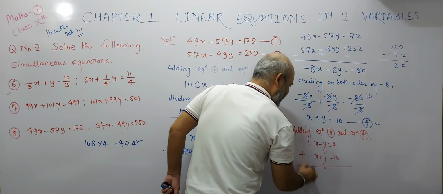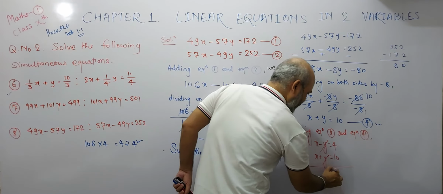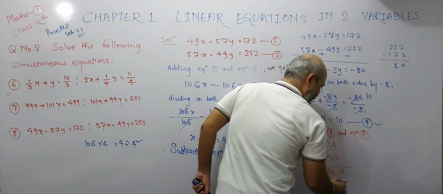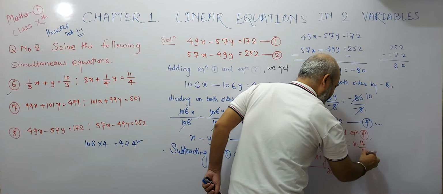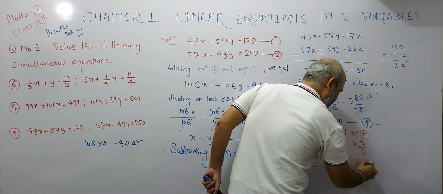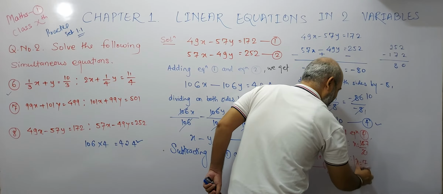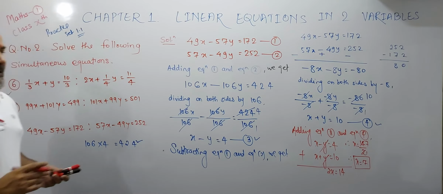So when you add, minus y plus y will cancel out. 1x plus 1x, 2x. 2x is equal to 10 plus 4, 14. So therefore, x will be 14 divided by 2. 2 1s are 2, 2 7s are 14. X is equal to 7.